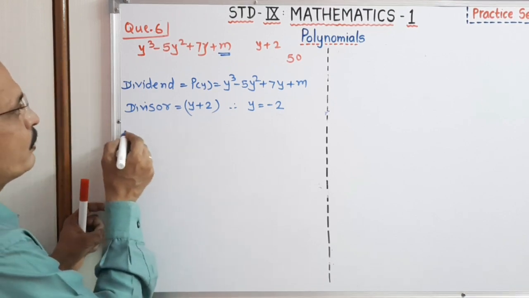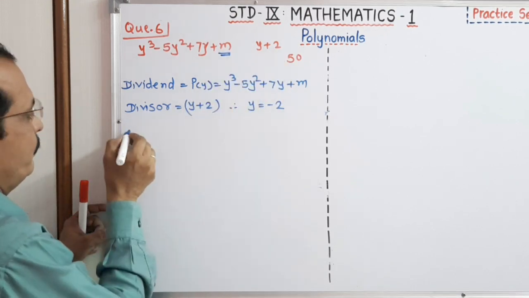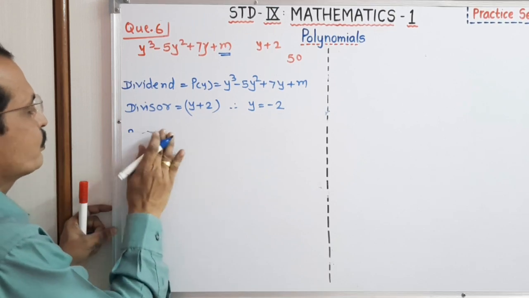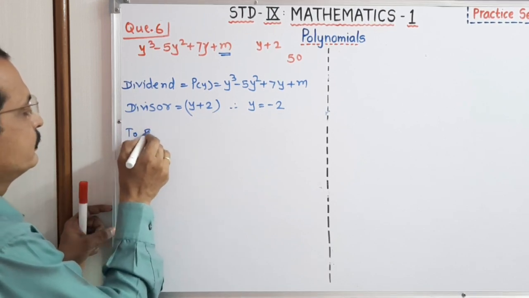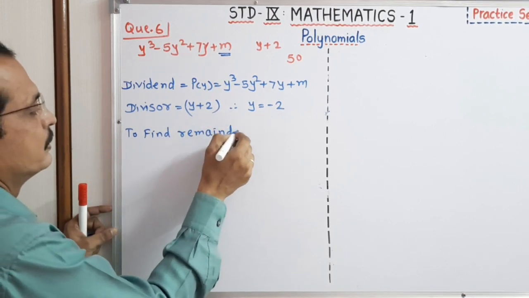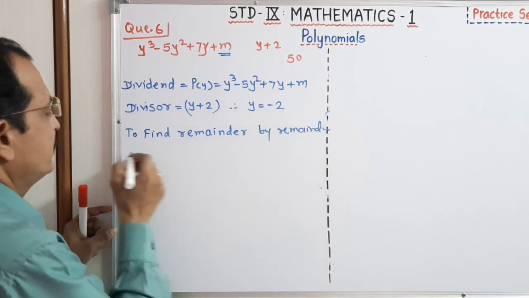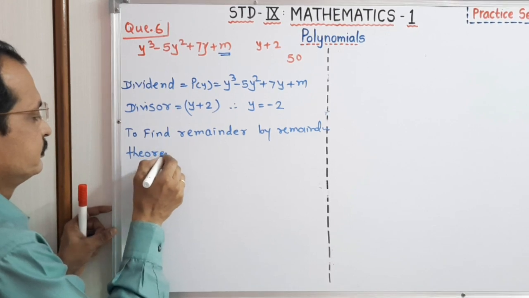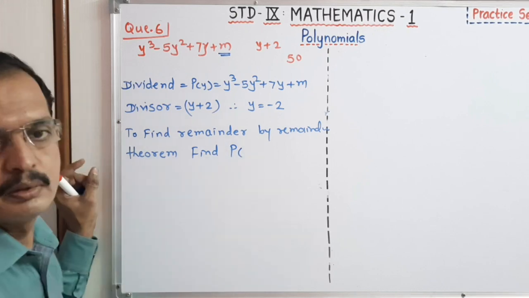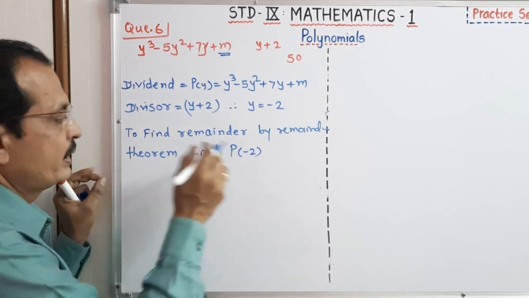See here, we have to find out, first of all we have to write, to find the remainder by remainder theorem, find P minus 2. That is the value of the polynomial for minus 2.